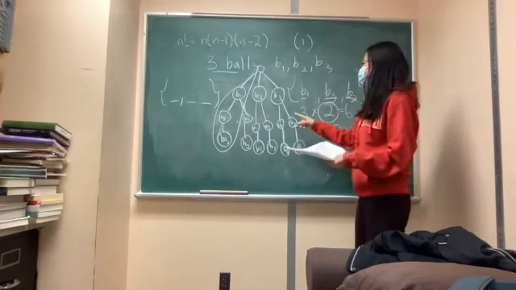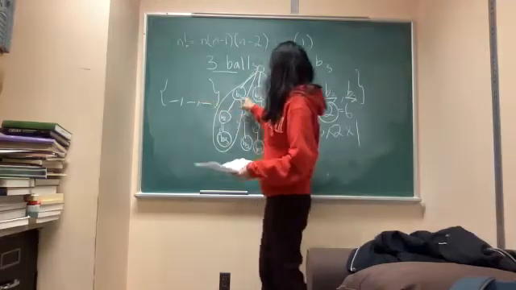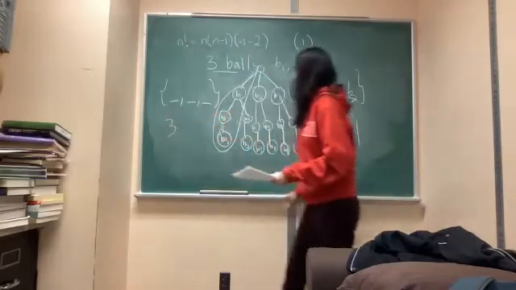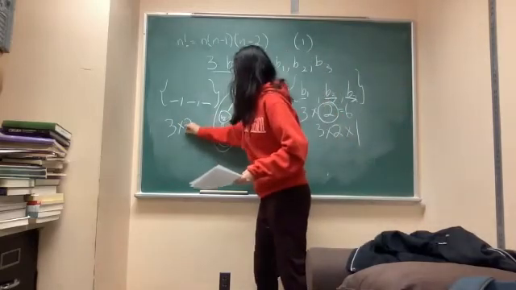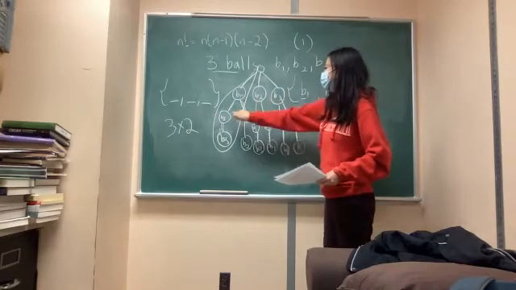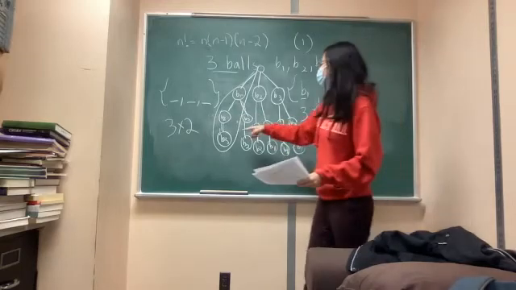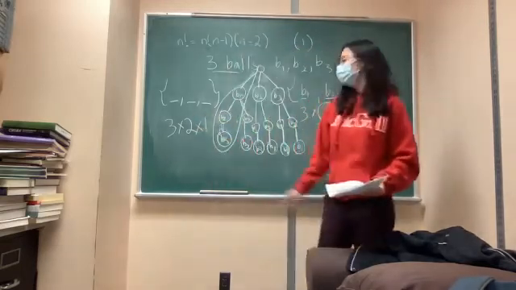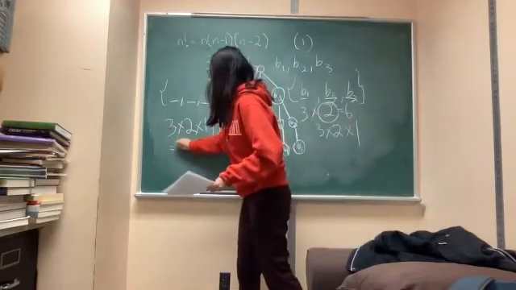And then this gives you, since you have 3 available at the start, you have 3. Then you took out 1, so you have 2 left. For each of these 3 branches, you have 2 choices, which means in total you have 6 choices. And then for the last one, for each of the 6 branches, you have no more choices. You have to pick the last one. This happens to be 3 factorial.